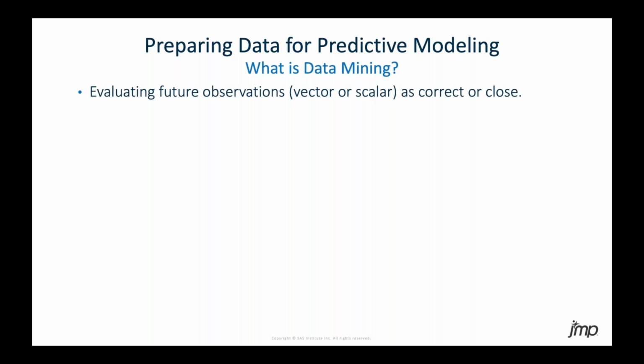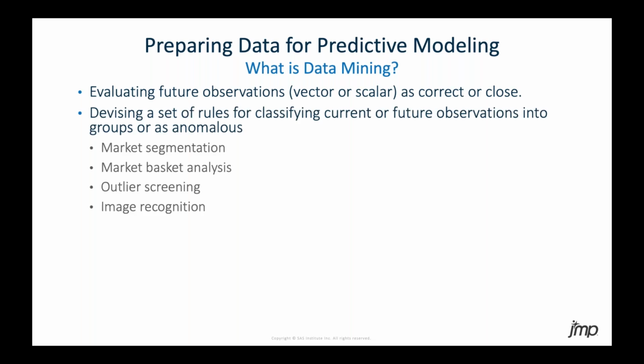And here you know what you're looking to target. So you know what's correct, you know what's close. I am trying to come up with a set of inputs, a set of structures that would allow me to predict future observations. That's really where we're going to be spending most of our time when we talk about predictive modeling.